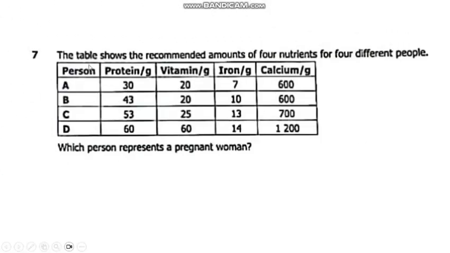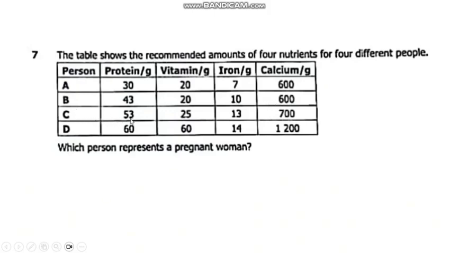We now move on to our question 7. The question reads, the table shows the recommended amounts of 4 nutrients for 4 different people. Person A: protein 30 grams, vitamin 20, iron 7 grams, calcium 600 grams. Person B: protein 43 grams, vitamin 20 grams, iron 10 grams, calcium 600 grams.